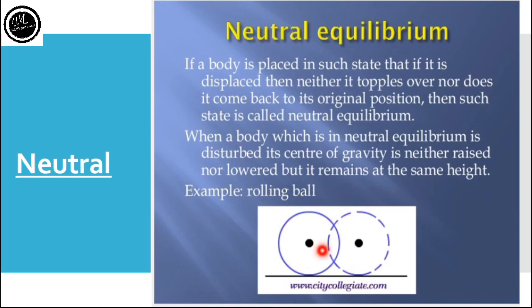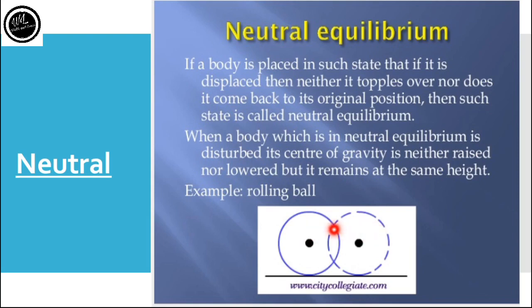Let's see an example of a ball here. When I am tilting it, or when I am applying a force on it, it will gain a new position and it will remain in that new position after being disturbed. Or we can also think about an example of a football or a ball. If I am applying a force on the ball, it will roll on and after some time it will stop.